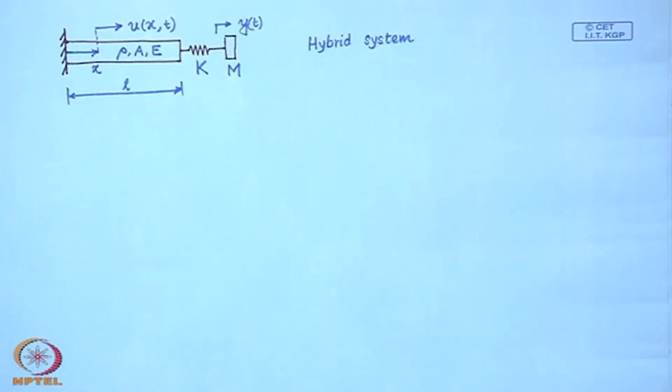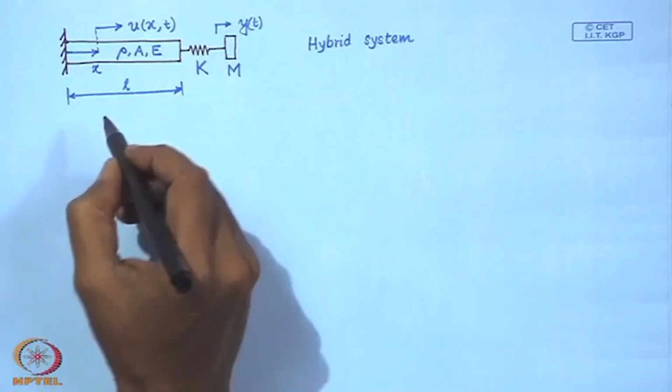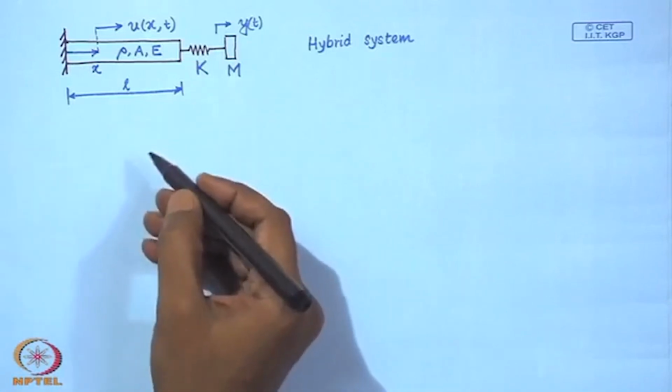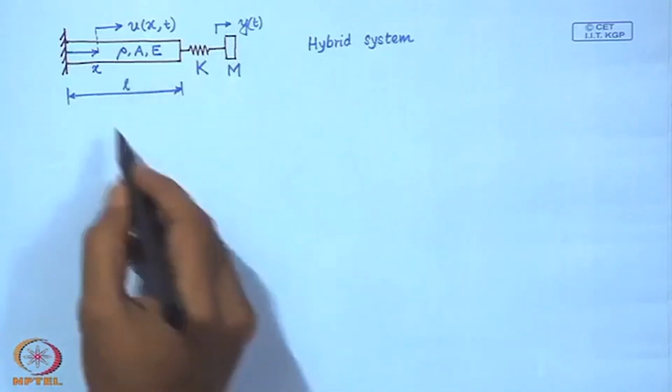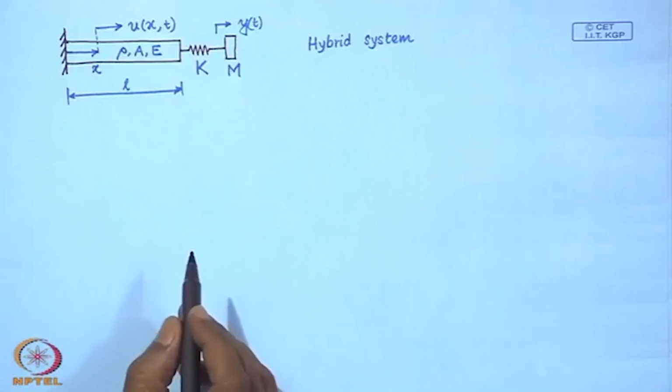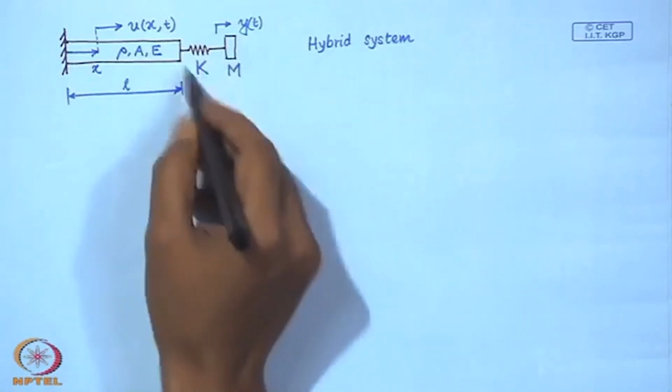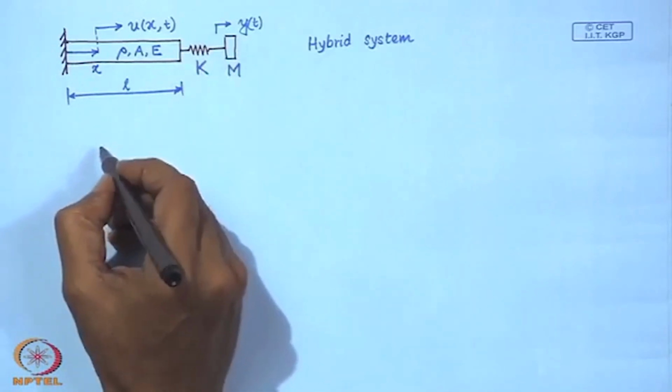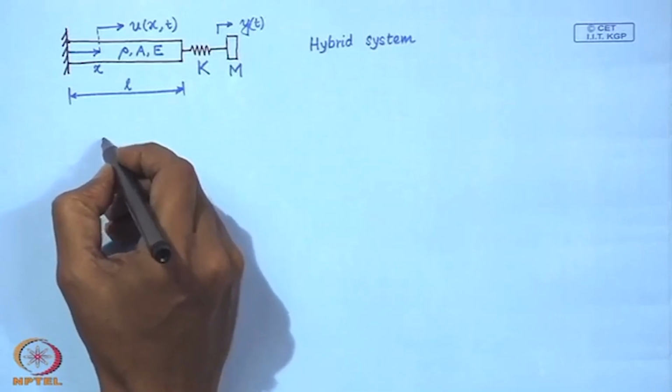So, the equations of motion, because we have a bar and an oscillator. So, we have two equations of motion.